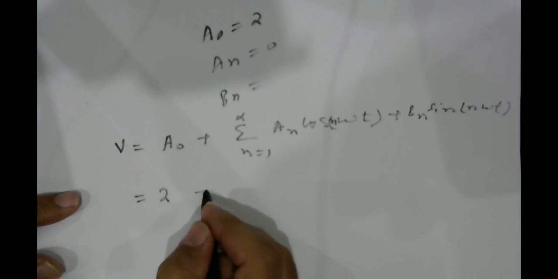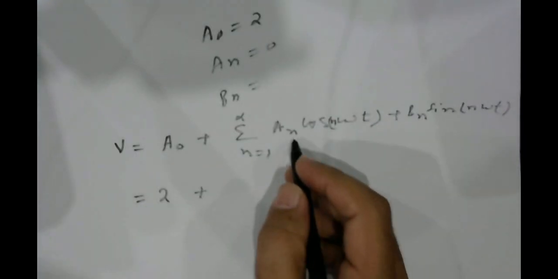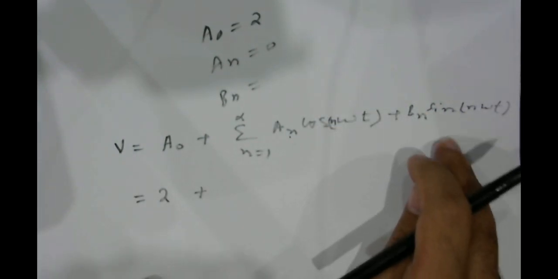So we found the values of a naught. This is 2, right? And in all the b values, we have 12 by pi common, so you can take 12 by pi common. And since a n equal to 0, that whole term will go to 0. You will be left with only these terms.